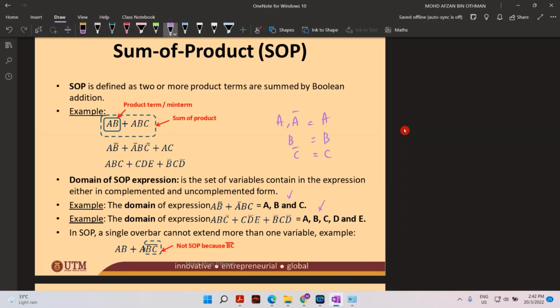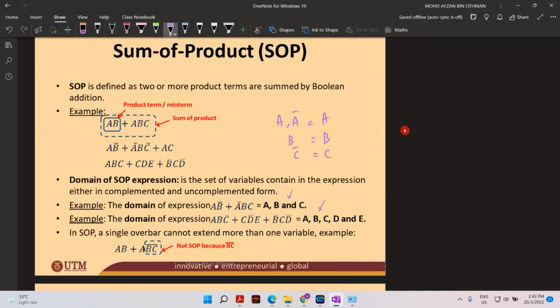So in SOP, okay, a single overbar cannot extend over more than one variable. Okay, if you look at this, every variable has its own bar. Okay, it does not share the same bar. For example, if you have A, B plus A, B, C with a long bar. Okay, although we know this is an AND gate, and this is another AND gate, this one here shares the same bar.